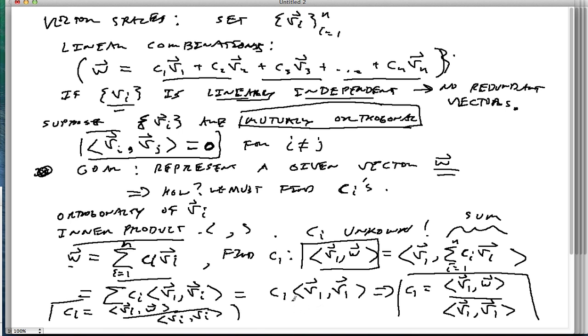And so what would we do beforehand? So I'm going to just rewrite this. Before, if we didn't have orthogonality, we would have W, which I'm going to call this vector W1 all the way to Wn.